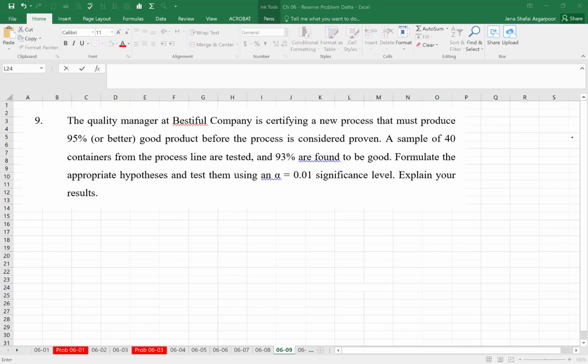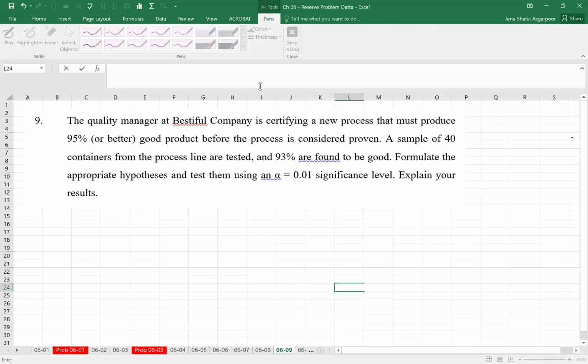So just a quick review of how to perform a hypothesis test. When you're doing a hypothesis test, you have a research question that you're trying to evaluate. We call that the alternative hypothesis.